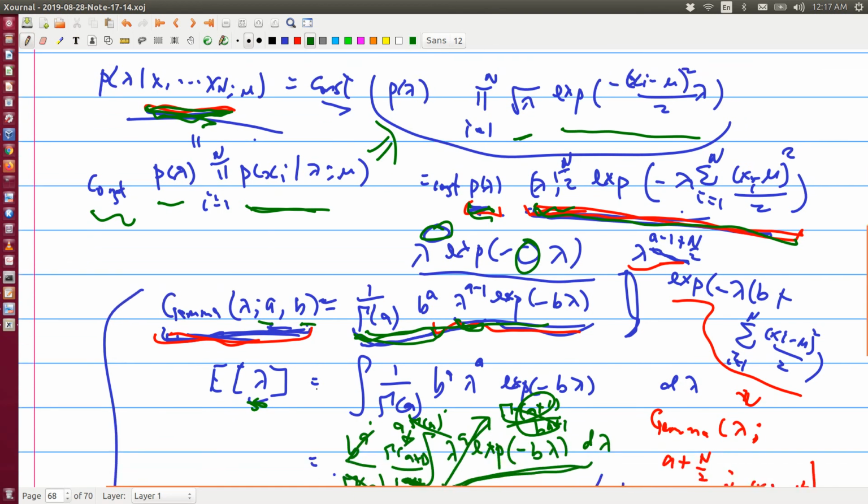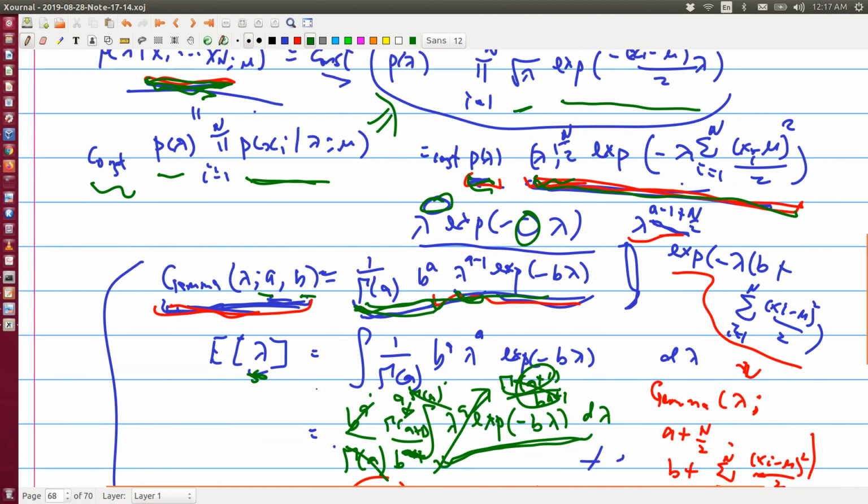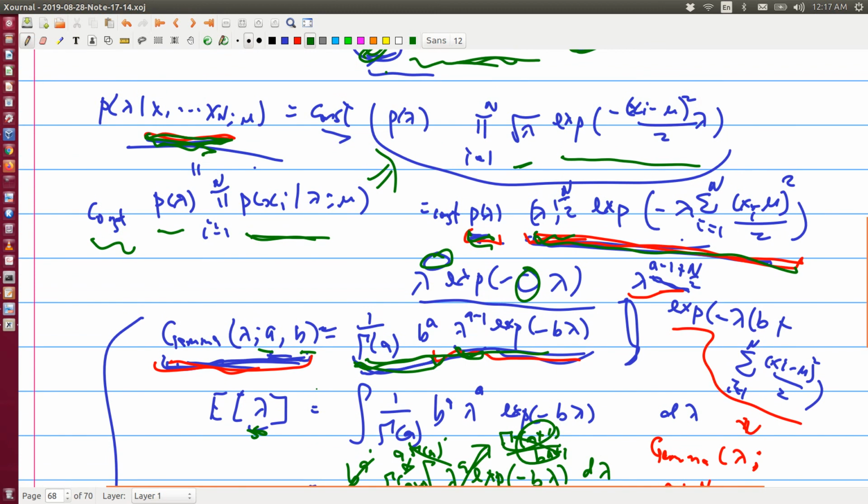Then if we look at the posterior, let's see where is the posterior. Okay, go back to here. So let's say this is my gamma prior that goes into here, so this is p of lambda equal to this.